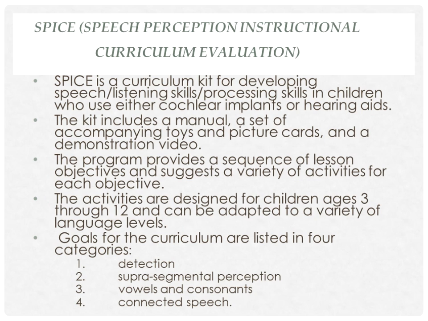Spice, again, is a curriculum kit, absolutely self-contained, that works on speech, listening, and processing. It has all sorts of toys. It gives you a demonstration video. It can be used clearly with children, say, 2.5 to 3, up through about 12, and you can adapt it to slightly younger children and older children.